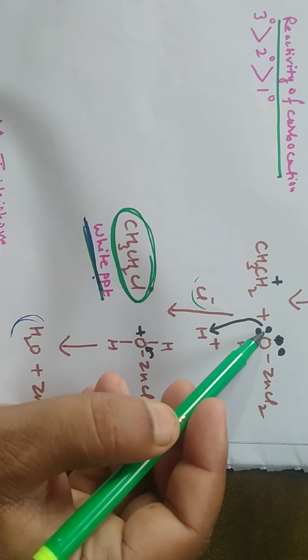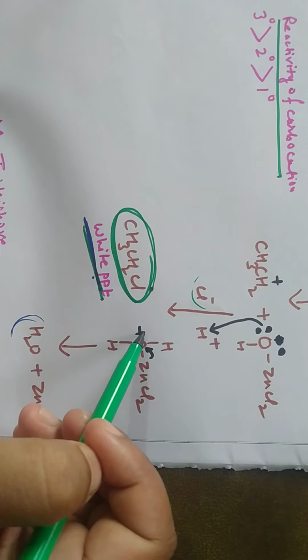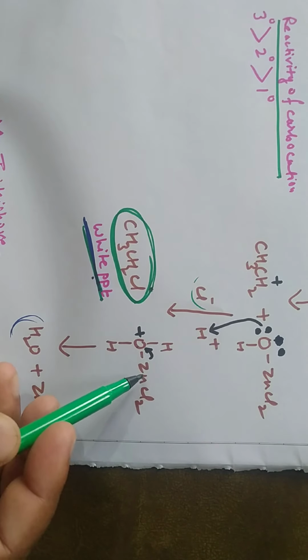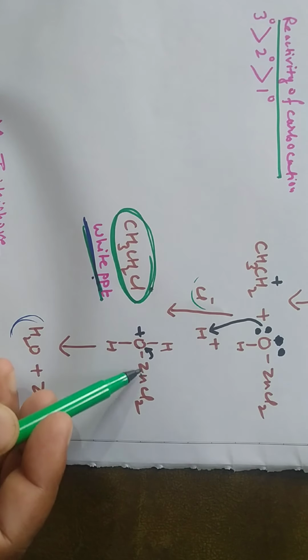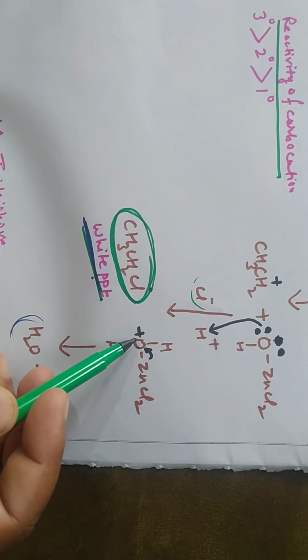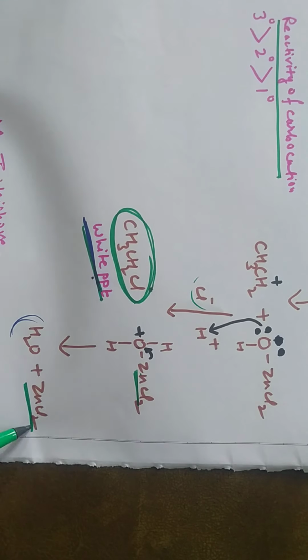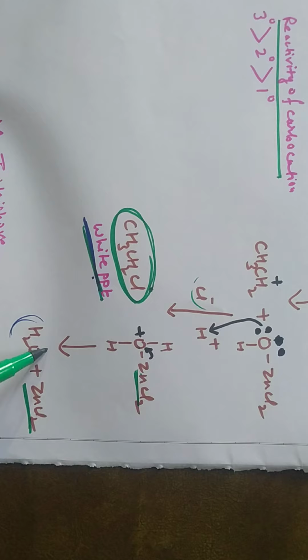Oxygen has given electrons here, so it becomes electron deficient and a positive charge appears here. Now oxygen is positively charged and requires electrons, so it will pull the bonded electrons between oxygen and zinc. As a result, zinc chloride will separate, and as electrons are taken, the positive charge neutralizes to form a water molecule.